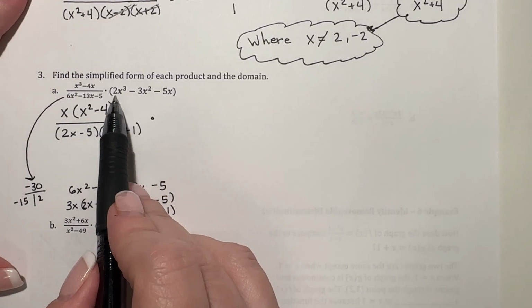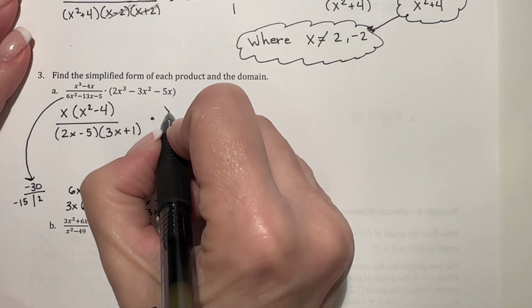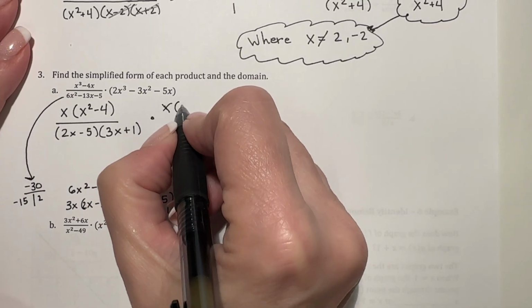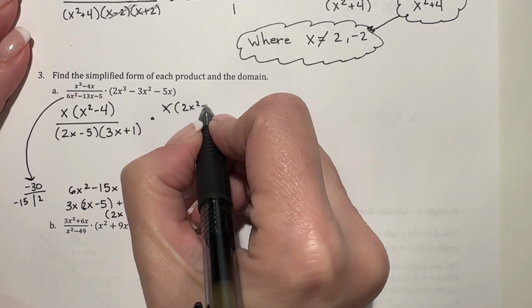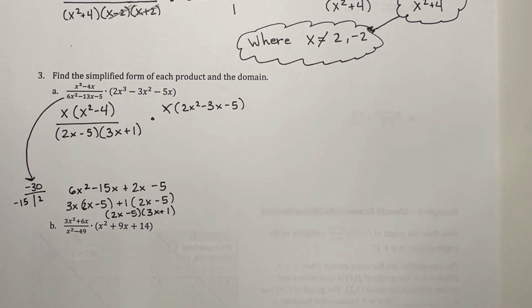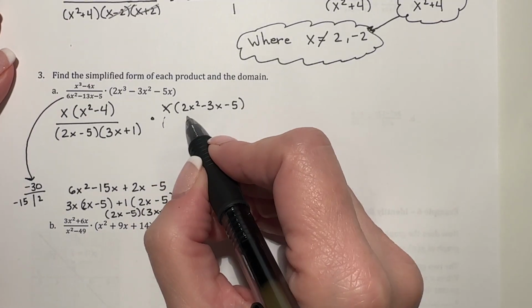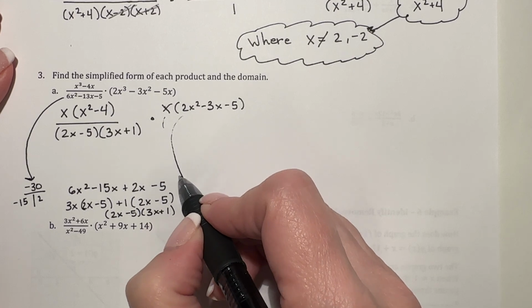Okay, so this set, it looks like I can factor out an x that they all have. And then I'm going to need to factor that. Again, I'm just going to go down here with the trinomial part.